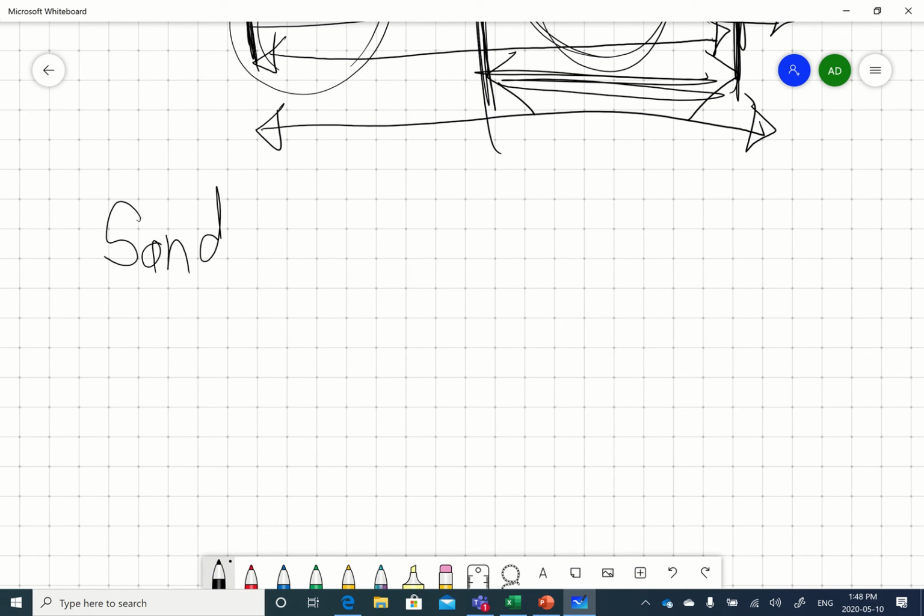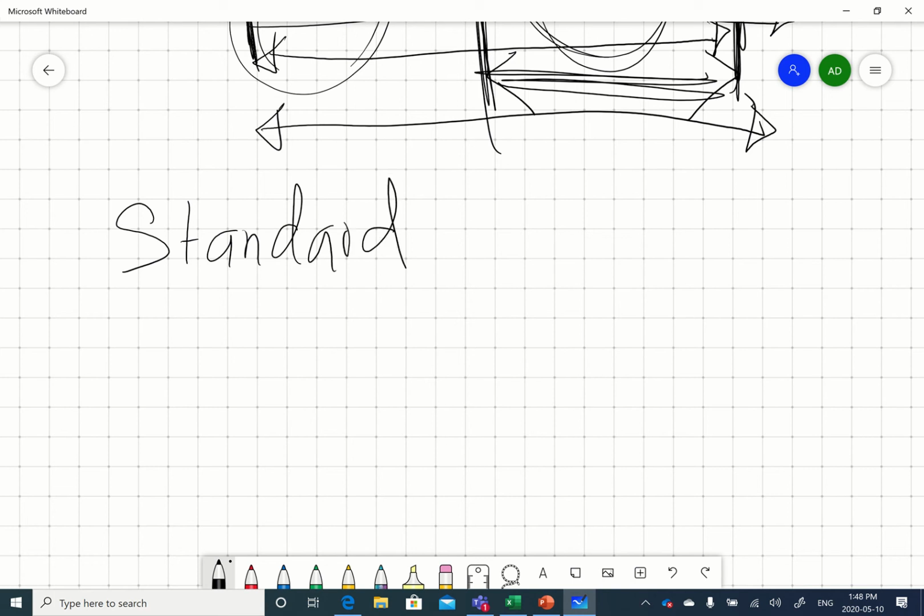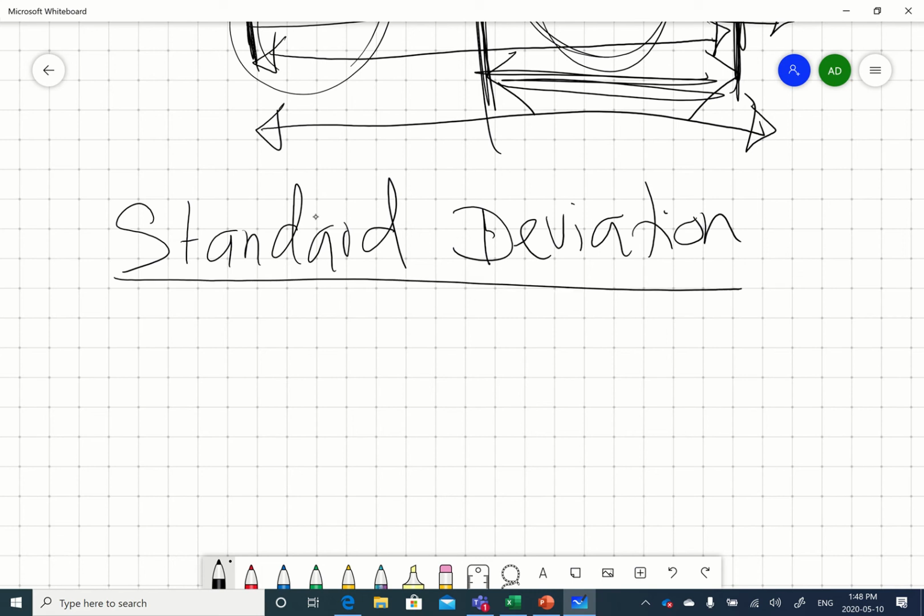So standard deviation is a simple derivation of the variance. The reason that we use standard deviation instead of the variance is because of the unit problem. The way we calculate the variance, it comes as a squared value.